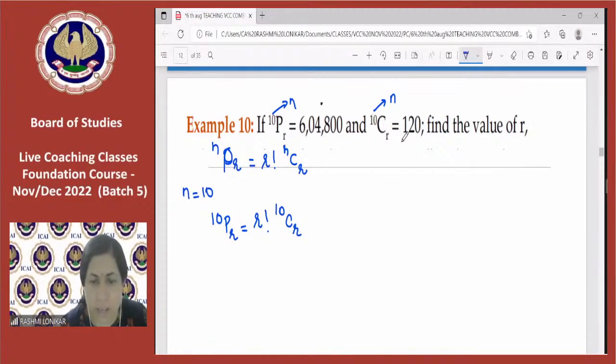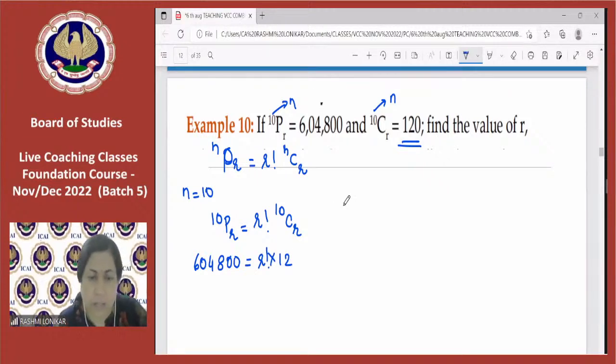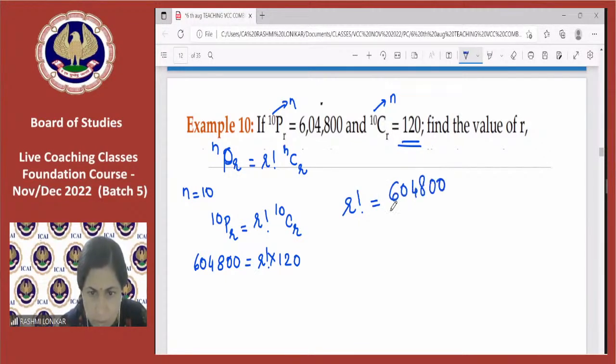But 10CR is already given to me as 120. And this value I know is 604,800, is equal to R factorial into 120. This means that R factorial is equal to 604,800 upon 120.